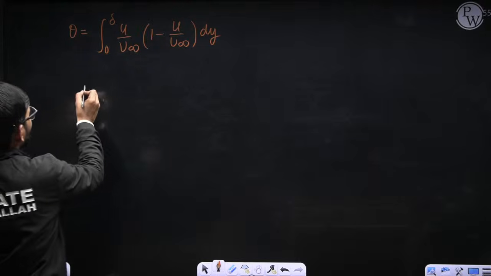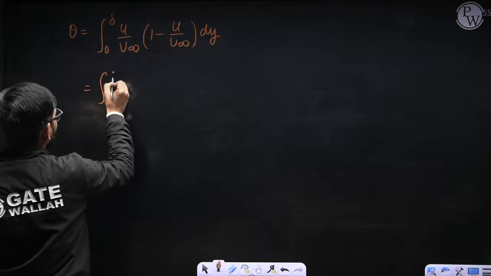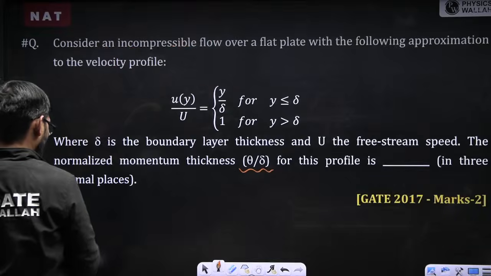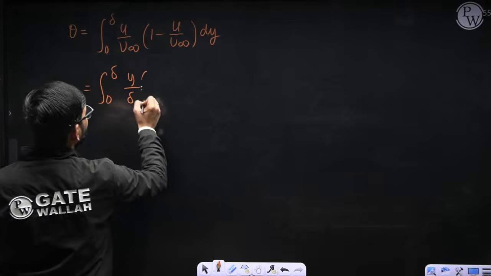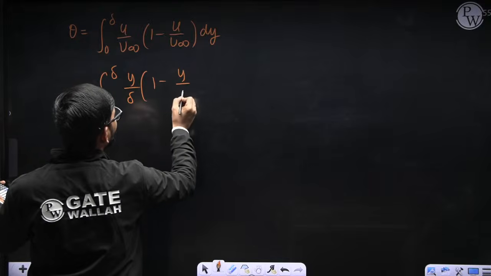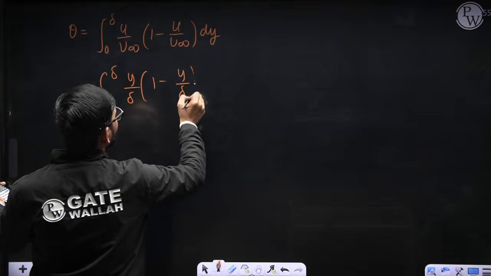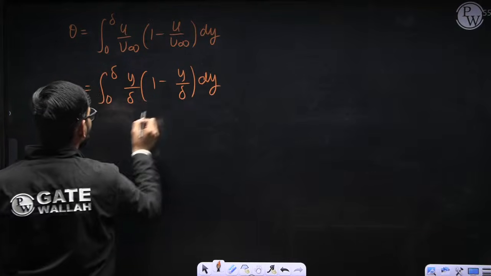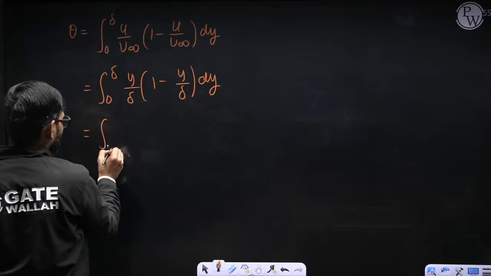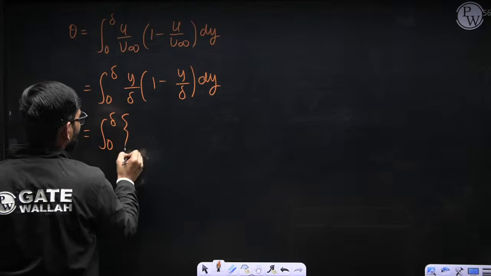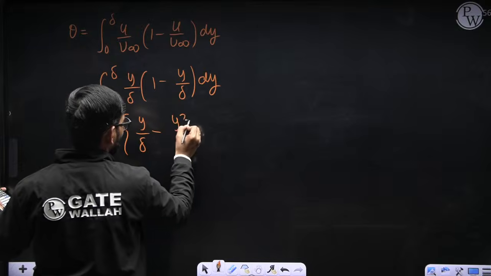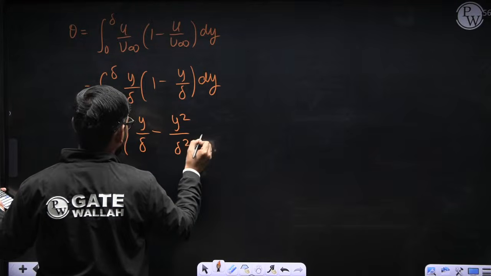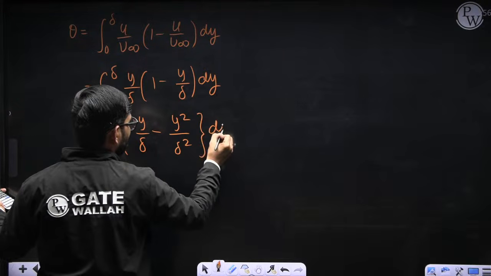So this becomes the integral from 0 to delta of y by delta into 1 minus y by delta dy, which is the integral of y by delta minus y square by delta square dy.